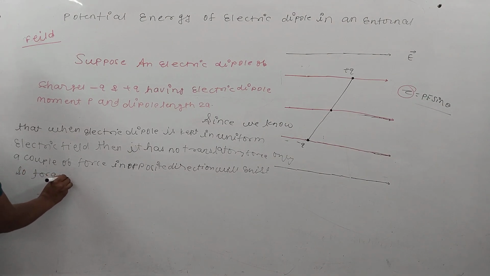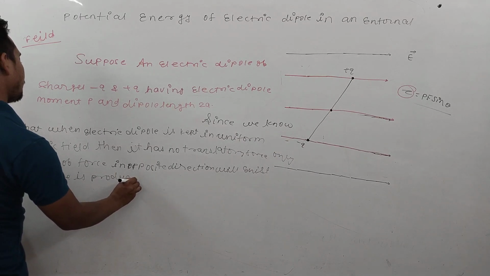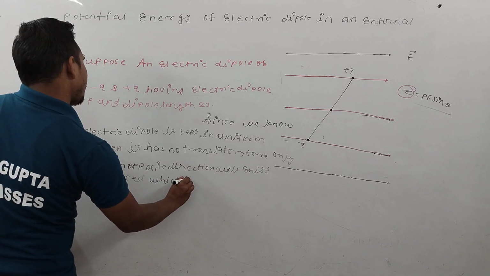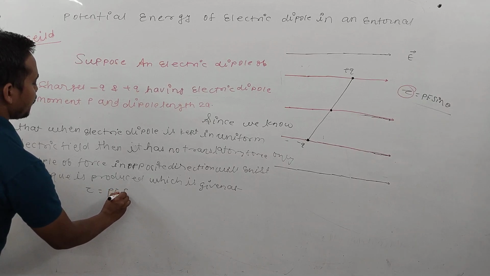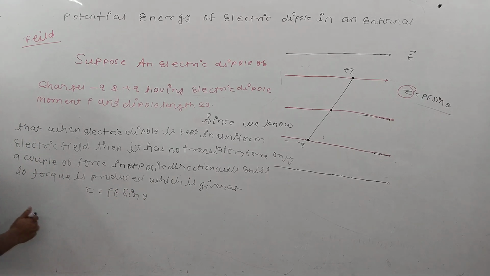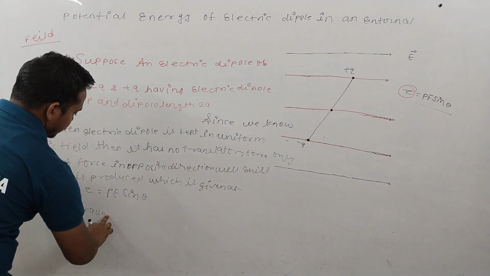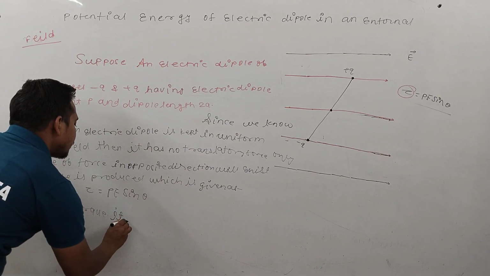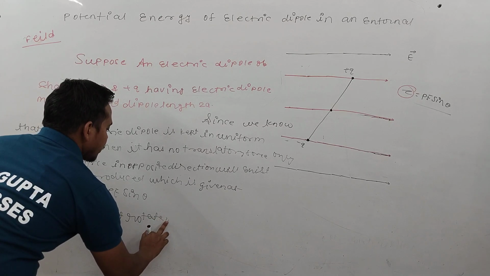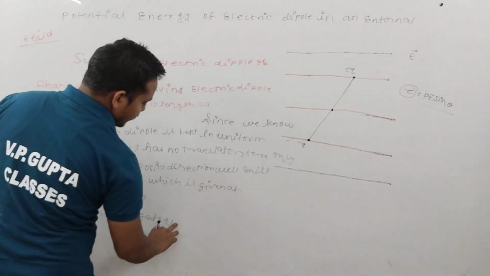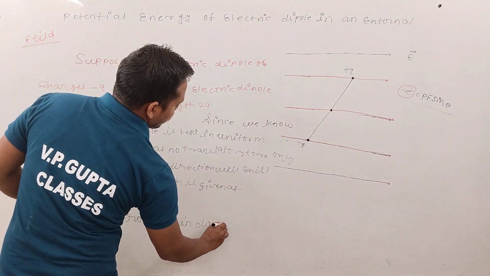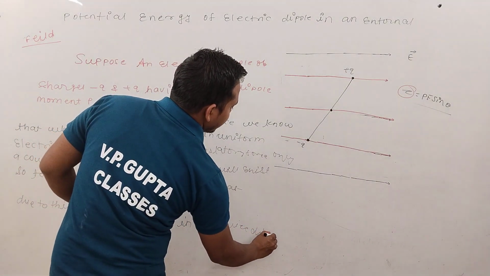So torque is produced, which is given as tau is equal to P sin theta, and due to this torque it rotates in the clockwise direction.